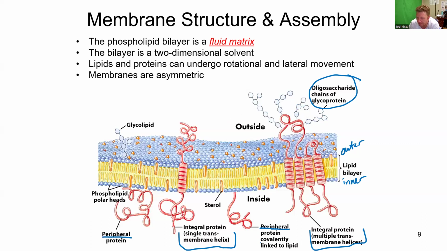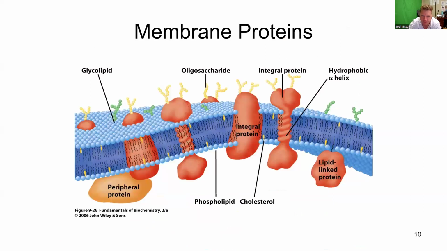A peripheral protein can be covalently linked to a lipid. In addition, a peripheral protein can have some sort of modification that links it to a polar head group.